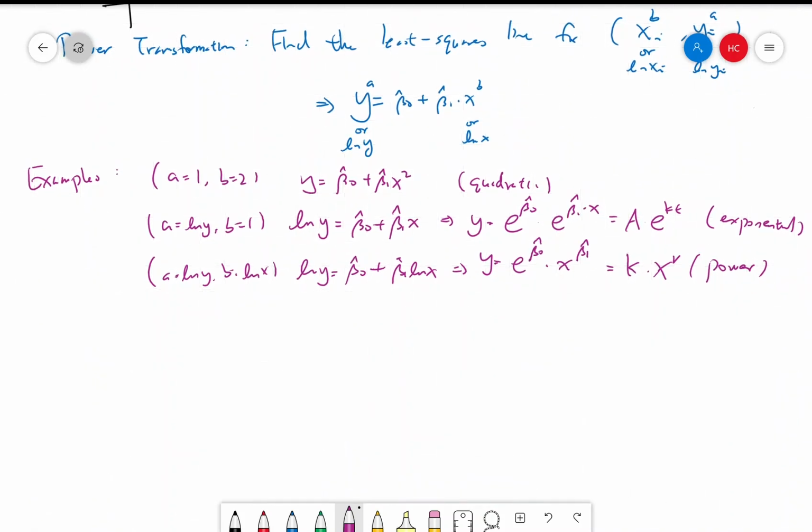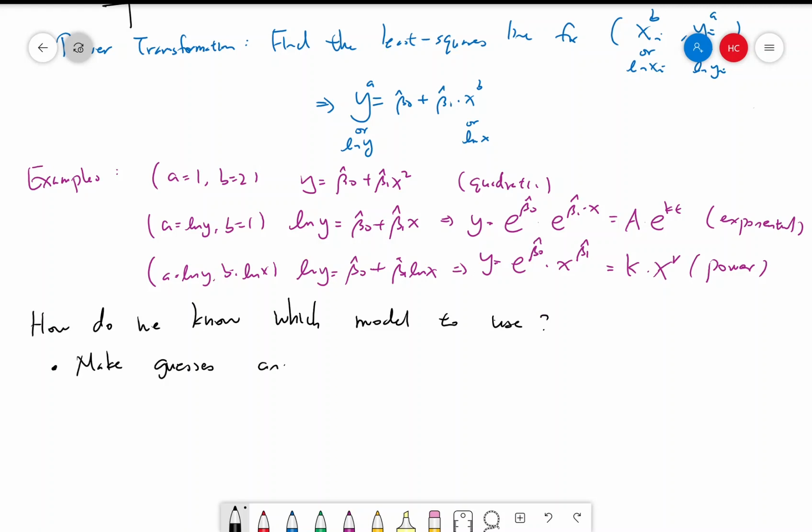So now the question is, how do we know which one to use? There are two ways. The first way is just to make guesses and look at the residual plots. Make several guesses, look at the residual plots, and see which one's better.